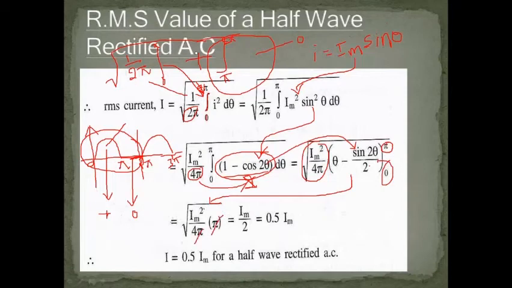The 4 can be written as 2 square. So under the root of Im square upon 4, the square root cancels with the square, and finally we get Im by 2. So Im by 2 means 0.5 into Im. This is the standard value for the half wave rectifier.